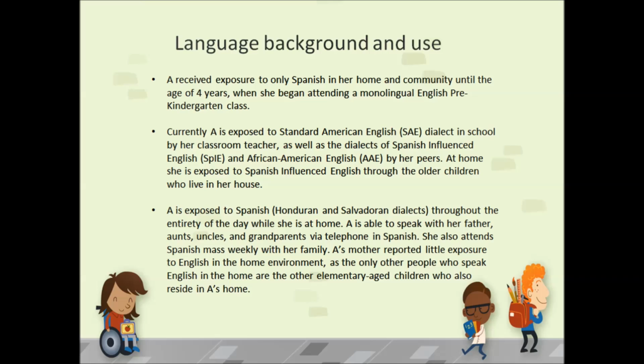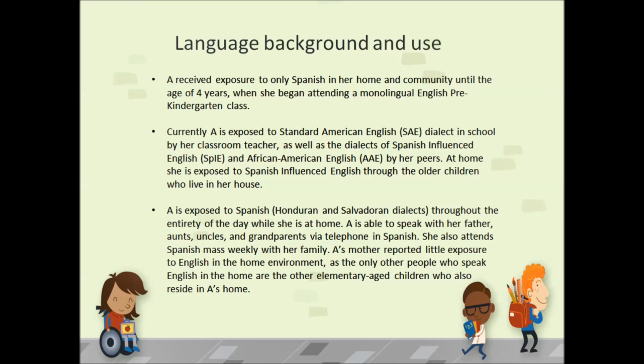So we wanted to get information about what dialect she's hearing throughout the day as well. Again, through the older children in her home, she also hears more Spanish influenced English. She's exposed to Spanish dialects throughout the entirety of the day when she's at home communicating with her mother and brother.